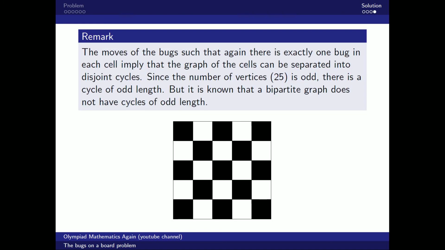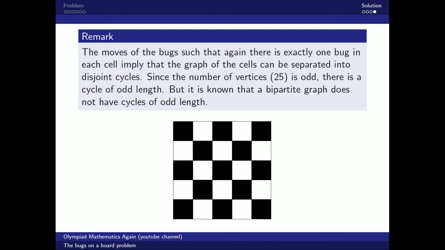Okay, now I want to make a remark about some connection to graph theory. What does it mean that after the move all the bugs are again one bug in each cell? It means that all these bugs can be separated into cycles.